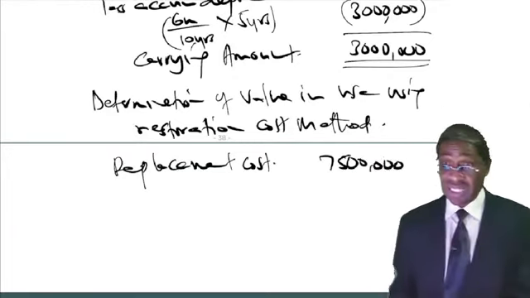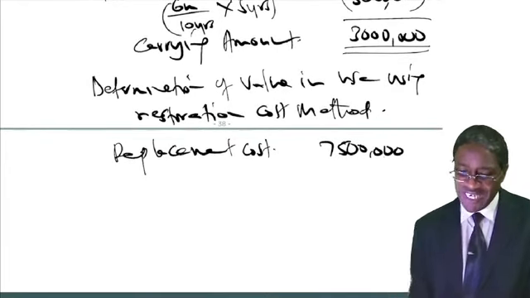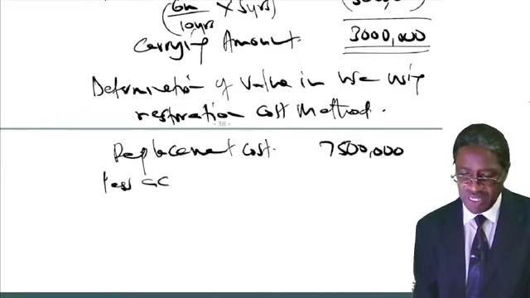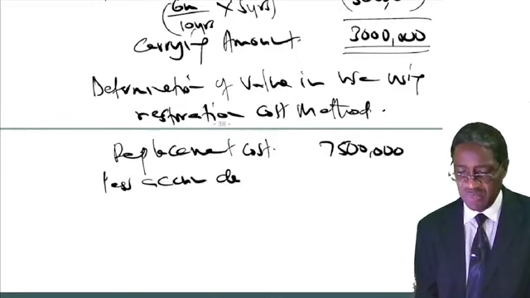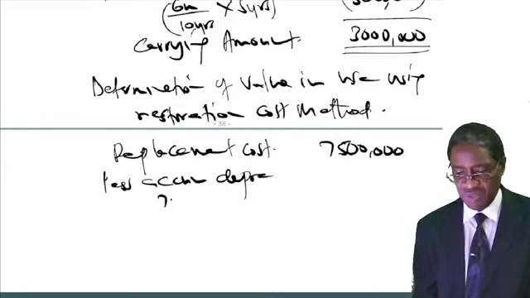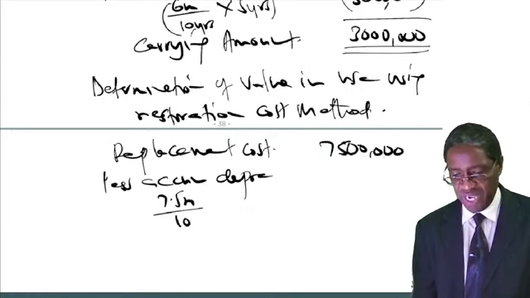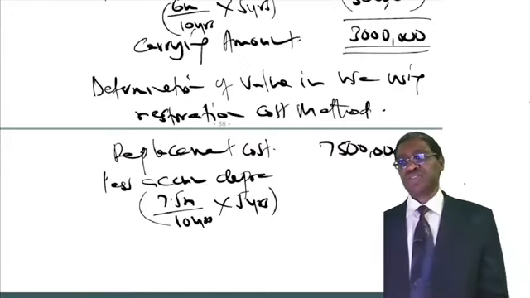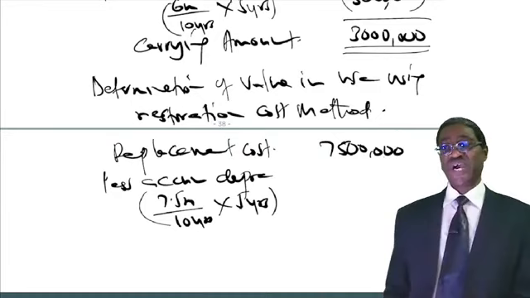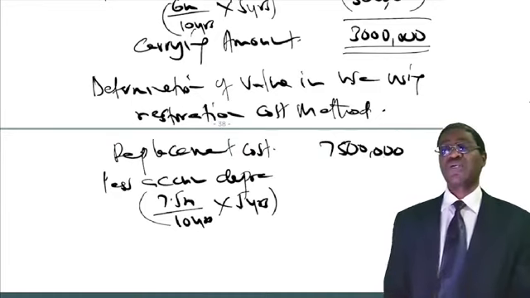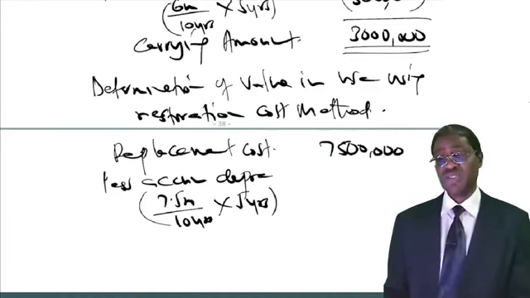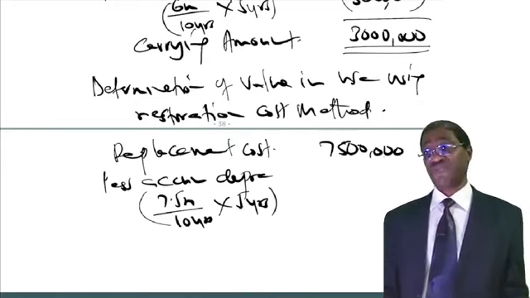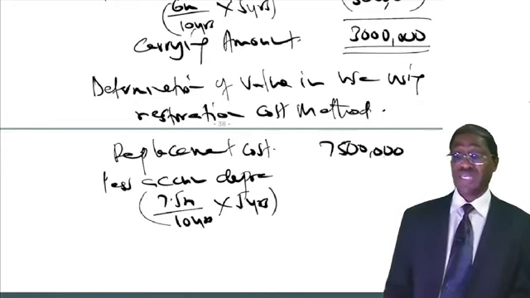Then we less the accumulated depreciation based on the replacement cost. That will be 7.5 million divided by the useful life of 10 years, multiplied by 5 years. So it looks like again a half. 5 over 10, that's a half.